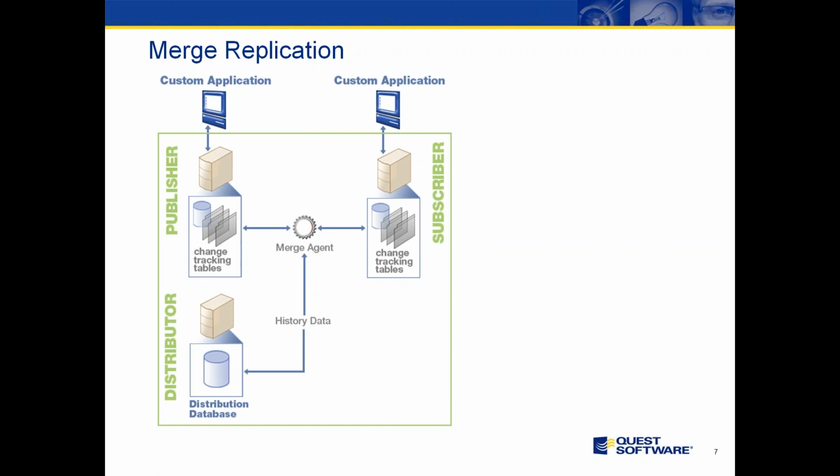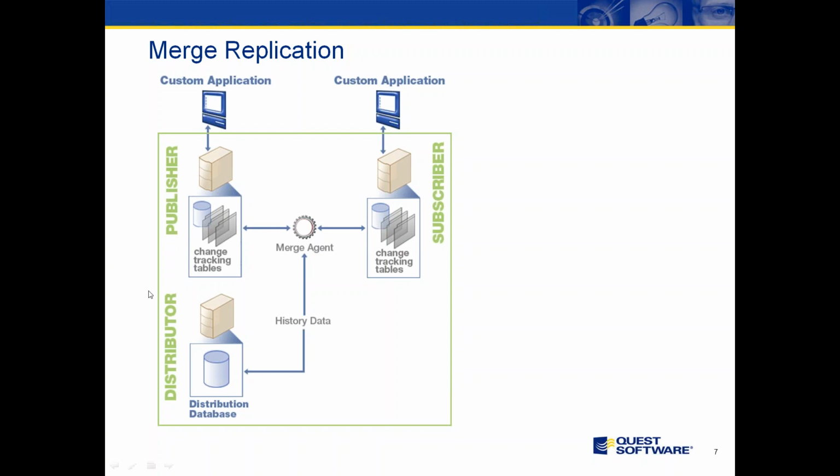But in merge replication, the distribution database will only contain the history information, like when the data was replicated from publisher to subscriber, and when the data was replicated from subscriber to publisher. That is the information available in the distribution database.